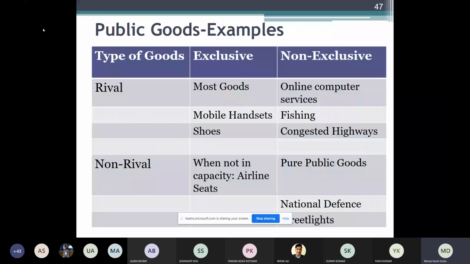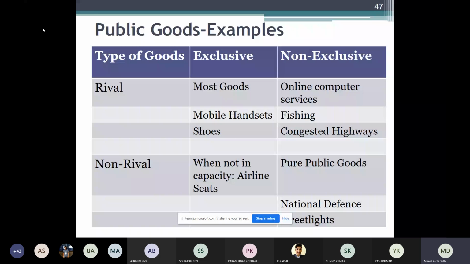Now, as an example of non-rival exclusive goods, it's a little bit difficult, but textbooks give the example of airline seats when not at capacity. If you have to enter an airline, definitely you have to pay something. So in a sense, it is exclusive in nature. But if it so happens that the airline is not at capacity when it wants to fly, seats might be available.